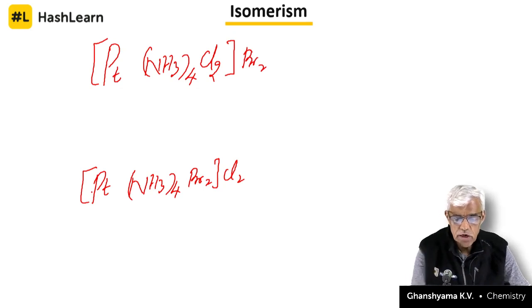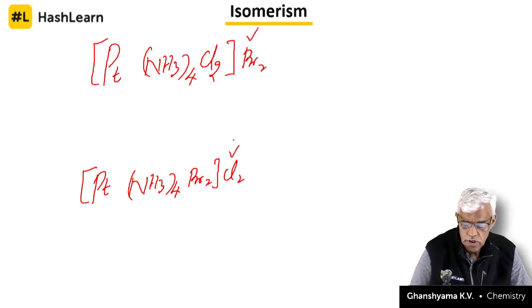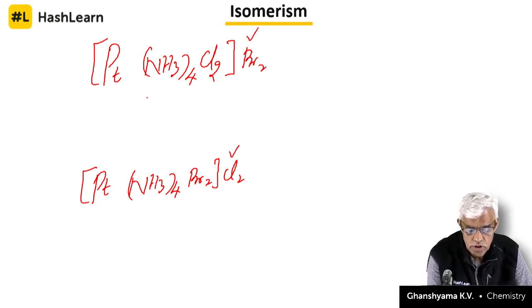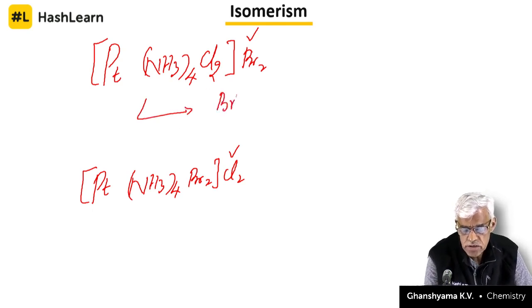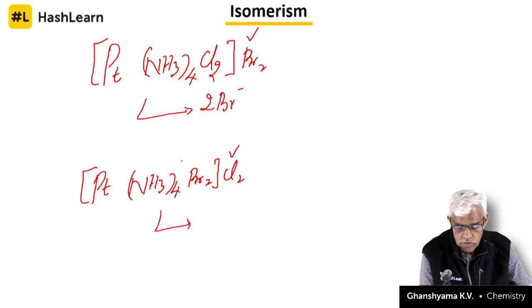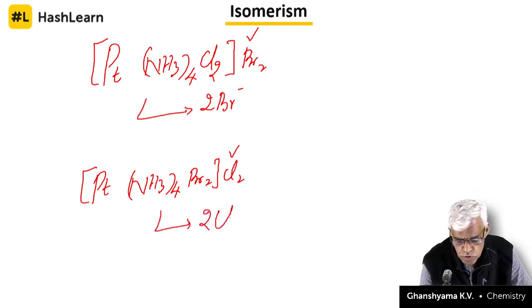See here, the counter ion is bromide in one, and chloride in the other. So if you dissolve the first in water, you get the complex ion and bromide. If you dissolve the second in water, you get the complex ion and 2 Cl minus.